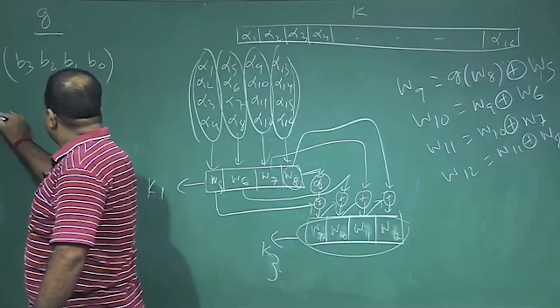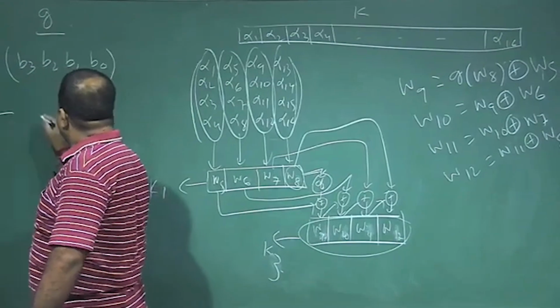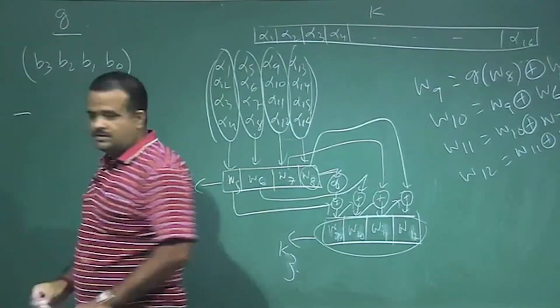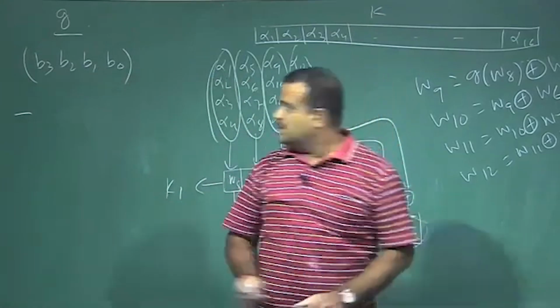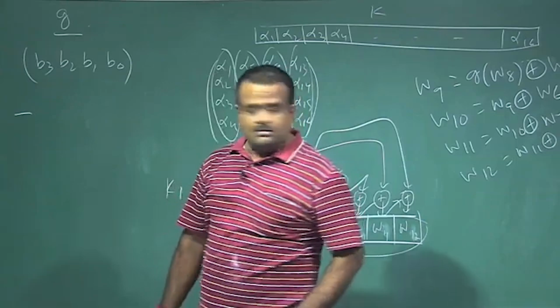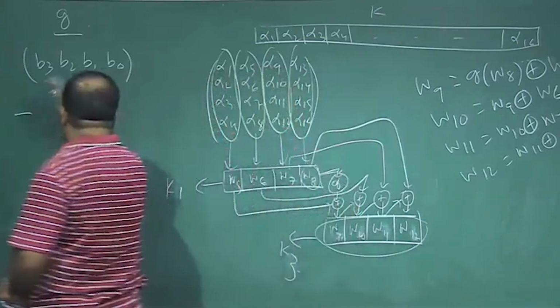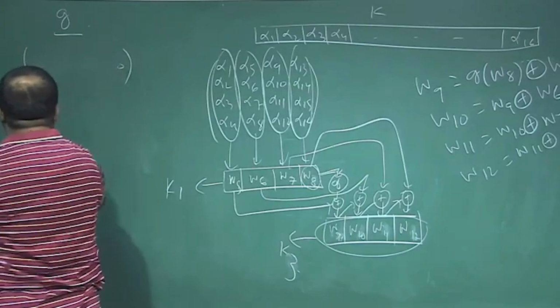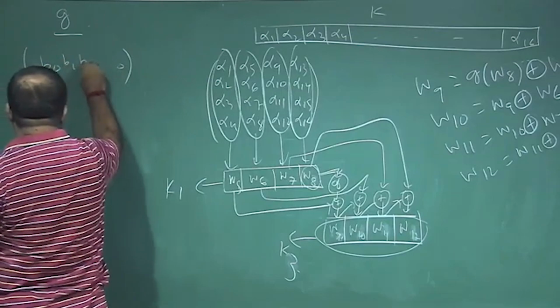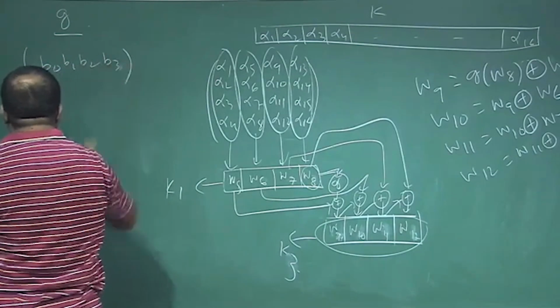So, G consists of 3 steps. First step, we are rotating it. So, if we denote it this way, B0, B1, B2, B3.